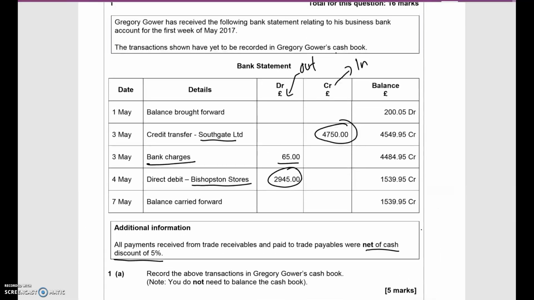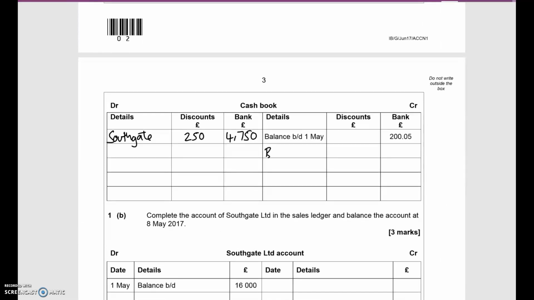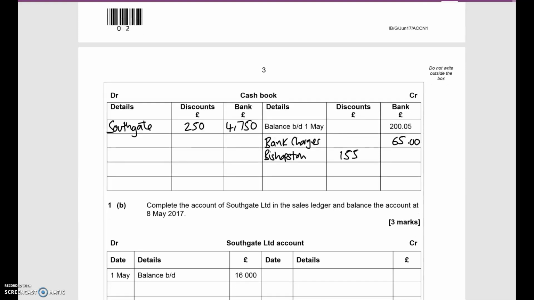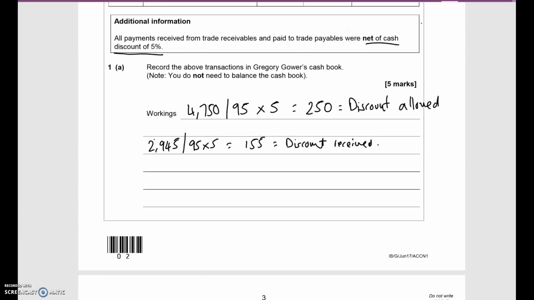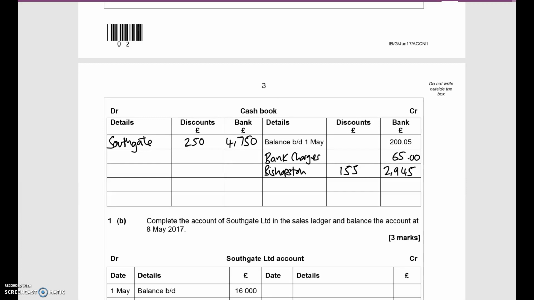This is money going out, so on the credit side, bank charges of £65. Then we have Bishopston Stores. Discount was 155. The net value was 2,945. You are not required to balance the account, so your final answer should look like that.